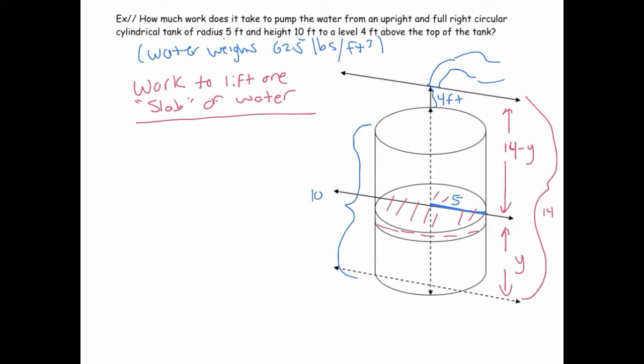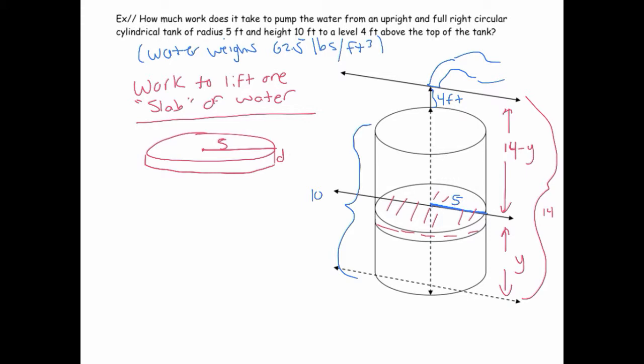So what's the weight of this slab of water? Well, it's made of water, and we know that water weighs 62.5 pounds per cubic foot. But I don't know how many cubic feet I have in this slab of water, so let's figure that out. There's my radius, that's 5.